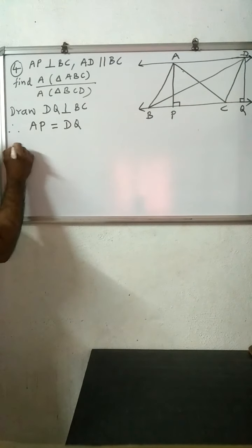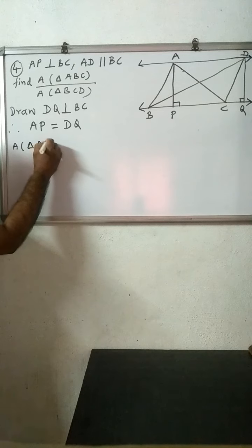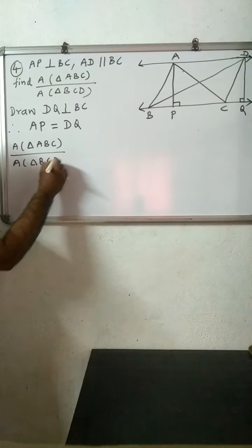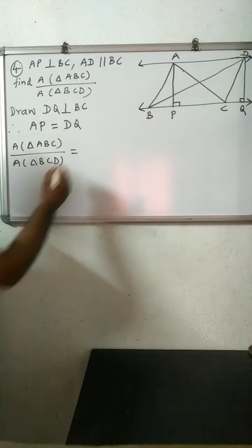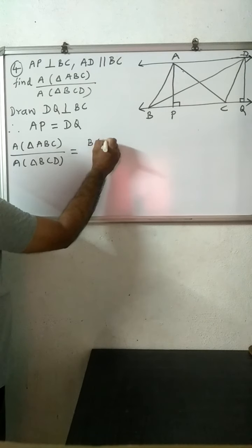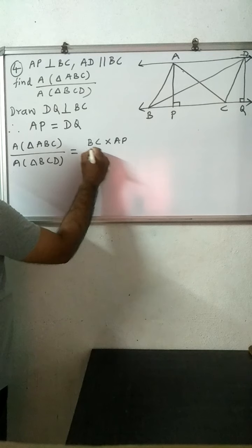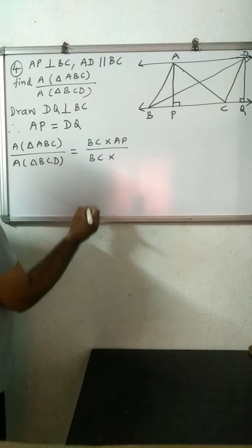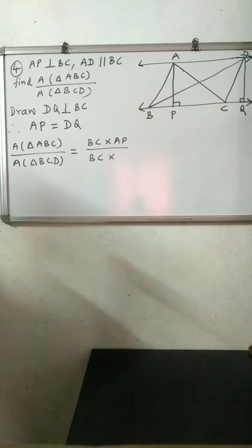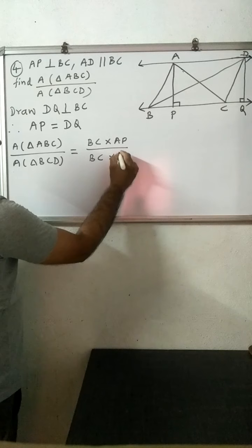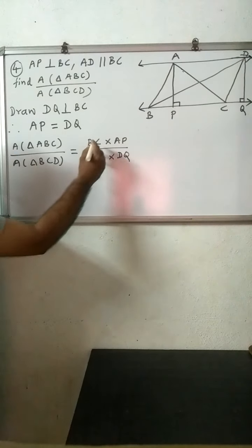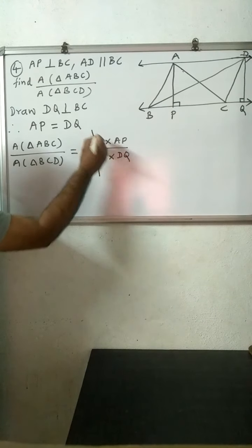So area triangle ABC upon area triangle BCD is equal to base BC into height AP upon base BC into height DQ. Now this base is same, BC upon BC.